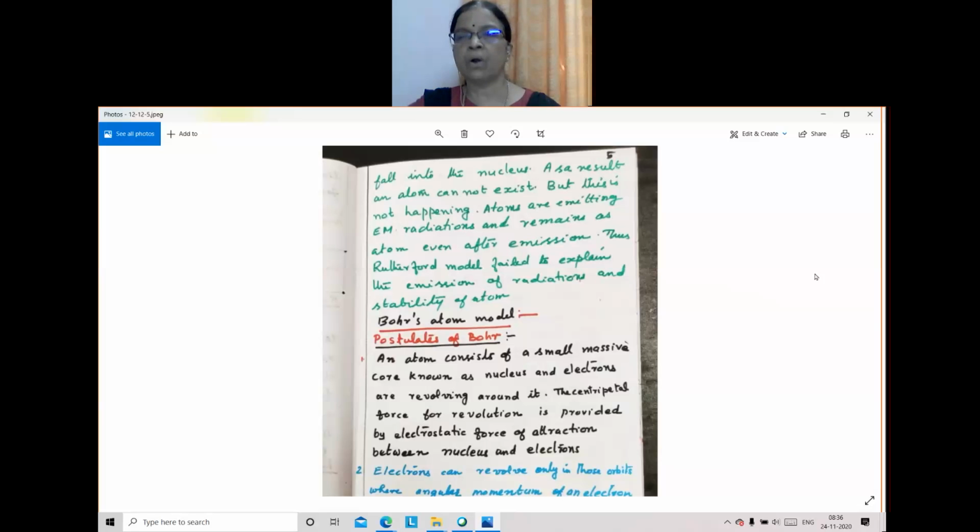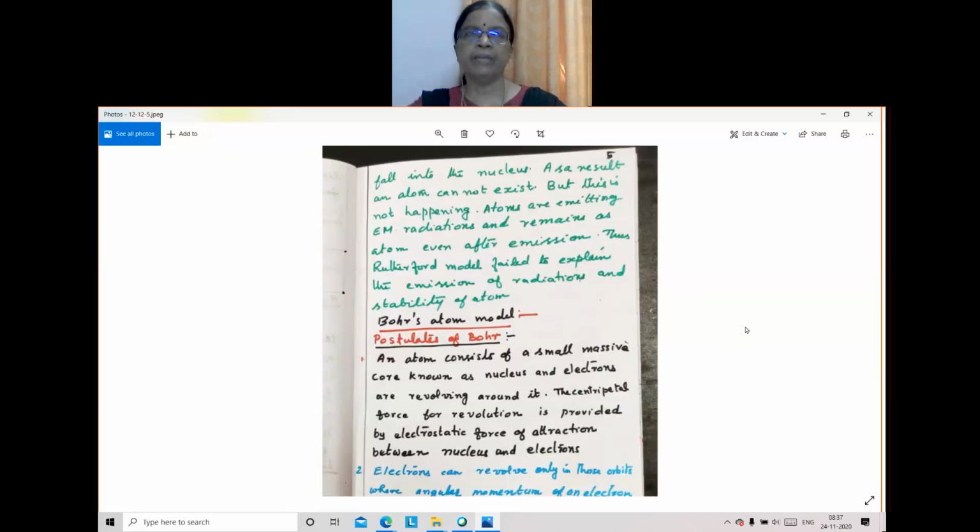When an electron revolves in an atom, that means it revolves around the nucleus, it is an accelerated charge. Accelerated motion. Circular motion is an accelerated motion. So an accelerated charge usually sends EM waves. We have studied this in the production of EM waves.